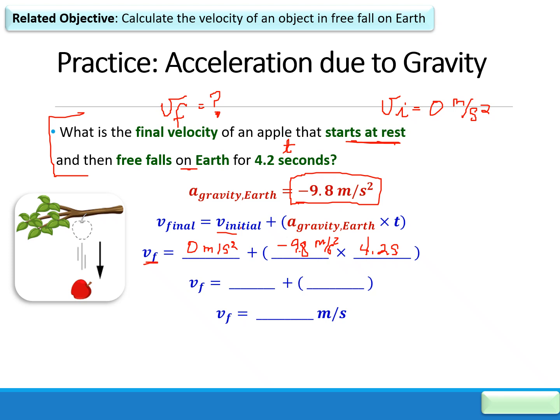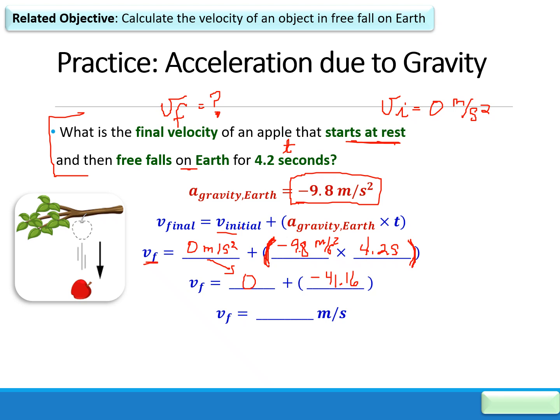Now, next, what I'm going to do is remember my order of PEMDAS, right? Order of operations. It says I always have to do what's in parentheses first. So I'm just going to bring down my initial velocity of 0, and then I'm going to calculate negative 9.8 times 4.2, and I'm going to get a negative 41.16.